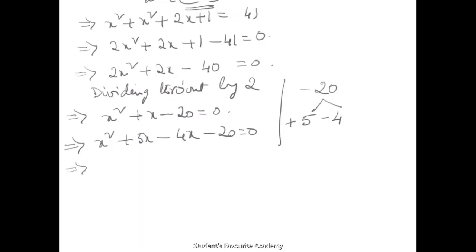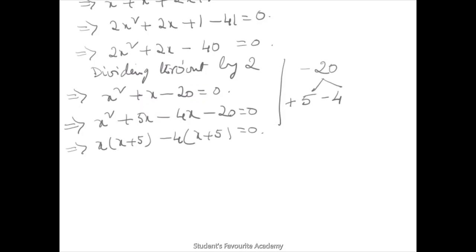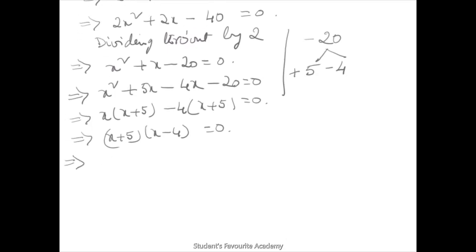So this implies if you take out common x, x plus 5, minus 4, if you take out common, x plus 5 is equal to 0. So this implies x plus 5 into x minus 4 is equal to 0. So this implies either x plus 5 is equal to 0 or x minus 4 is equal to 0.